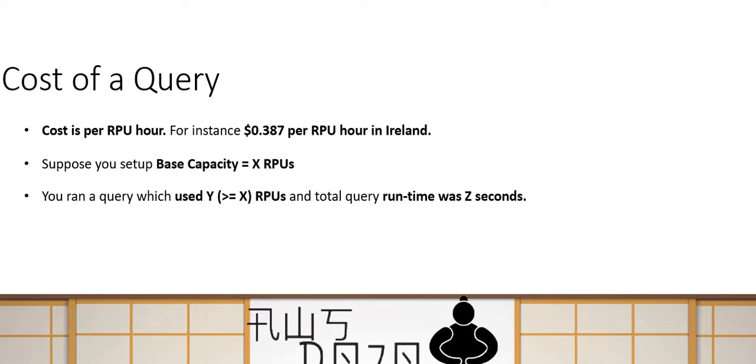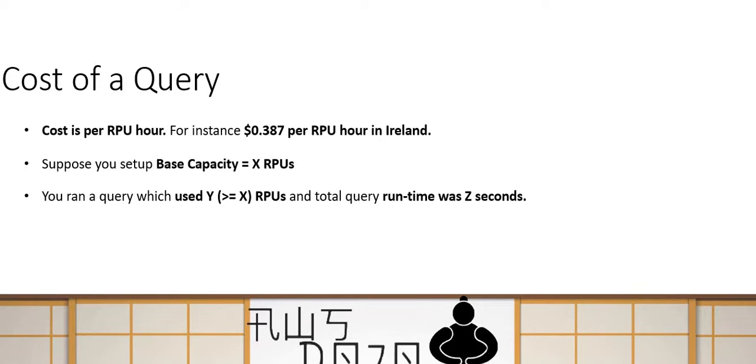But your query could be very complex and might need more than X RPUs, and in that case Redshift will itself determine and assign more RPUs to the query. So keep in mind that base capacity is the minimum capacity a query gets to run. But if the query needs more capacity, Redshift automatically provides it. So Y in this case will be either equal to X or more than X.